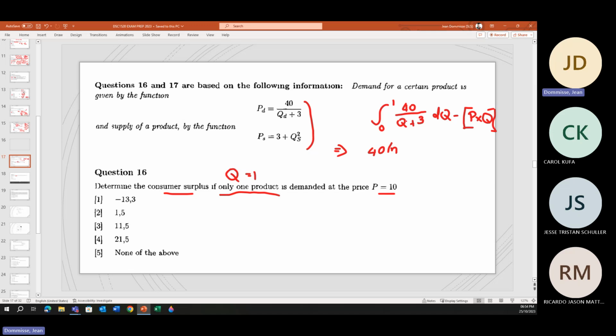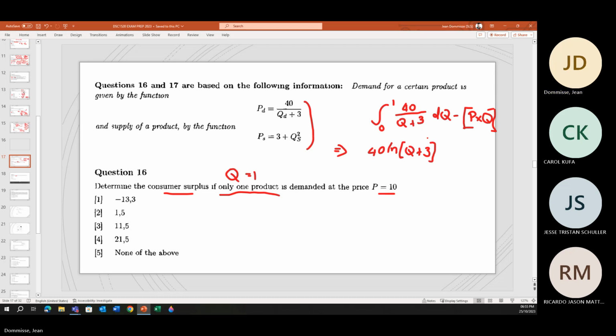Remember when we divide by something, if it was 1 over x, it would have been ln x. So I think we will probably stop with this one tonight so that you can also go back and try this.